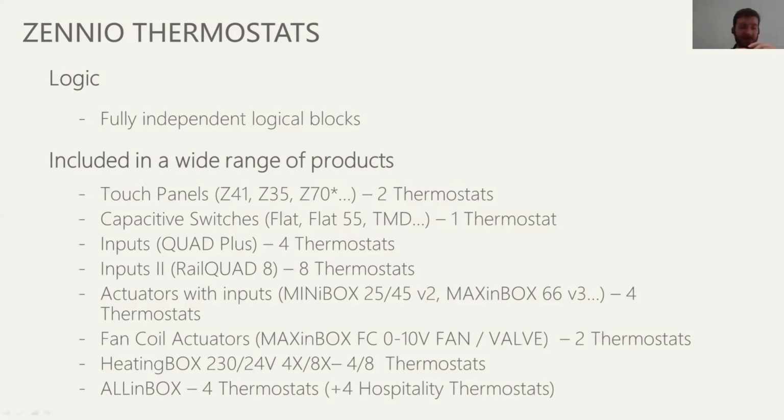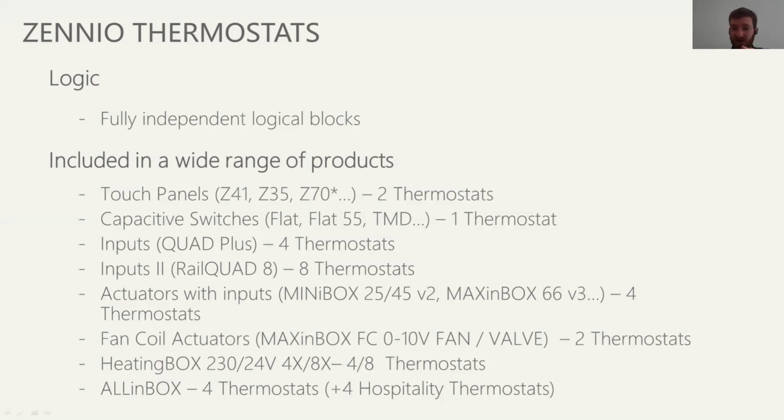So that's basically the Quad Plus and the Rail Quad 8. And all the actuators with inputs, minibox 24, 25, 45, the inbox, all of that, the maximum box 6, they all have 4 thermostats.